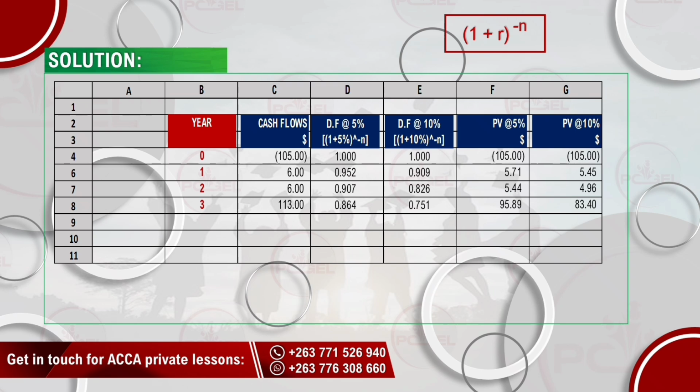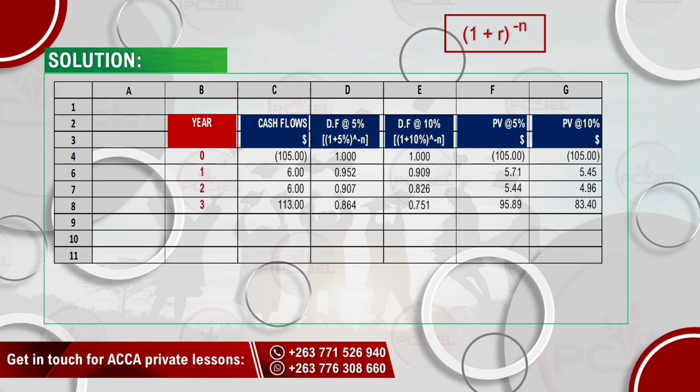Minus 105 for year 0 at 10%, 5.45 for year 1 at 10%, 4.96 for year 2 at 10%, and 83.40 for year 3 at 10%. Based on the estimated present values, we now have to estimate the net present values under the 2 different scenarios.